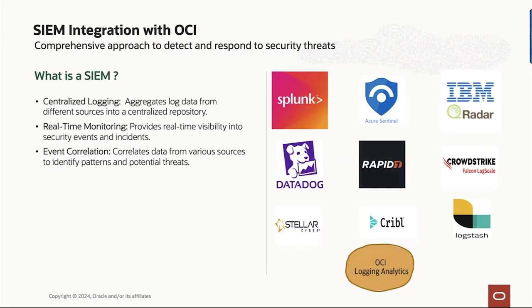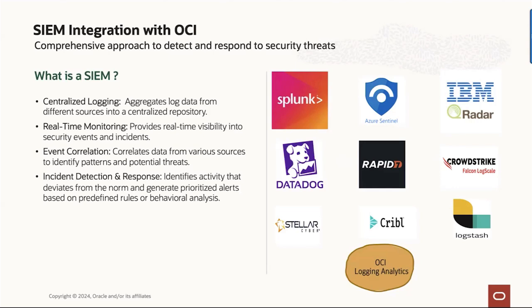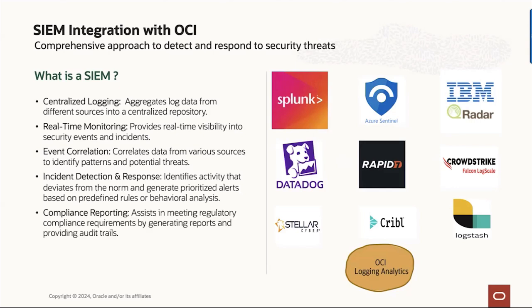When the data is pulled from multiple sources, you should be able to correlate those events across multiple systems to identify what is normal versus what is abnormal, and potentially find threats that may occur in your environment. These are all very helpful for incident detection and response. And most importantly, it will help you satisfy your audit and compliance team. By providing all the events that you collect, you can generate a report and show them that we are doing our due diligence to make sure we have a secure environment.